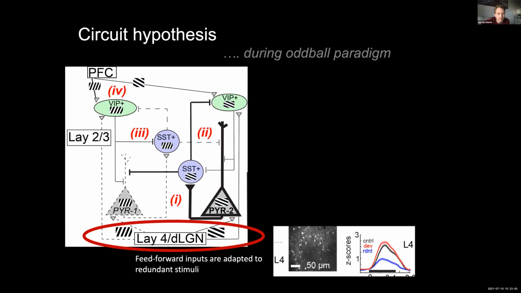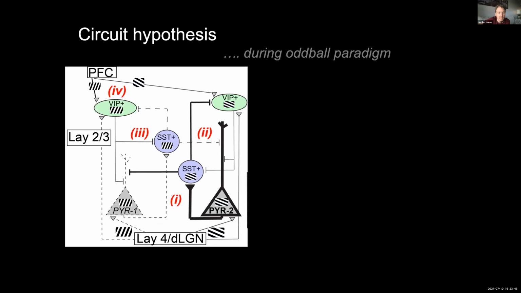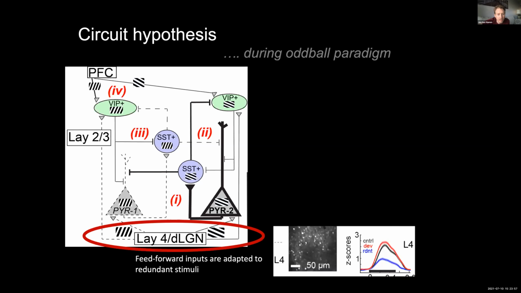So what you see here is a somewhat complex looking little circuit diagram for how we think augmented responses are elicited during a basic visual oddball paradigm. Recall the feedforward inputs from layer 4, and I haven't shown it, but we did do some imaging of LGN inputs to V1, and they also show a similar kind of adaptation to redundant stimuli.